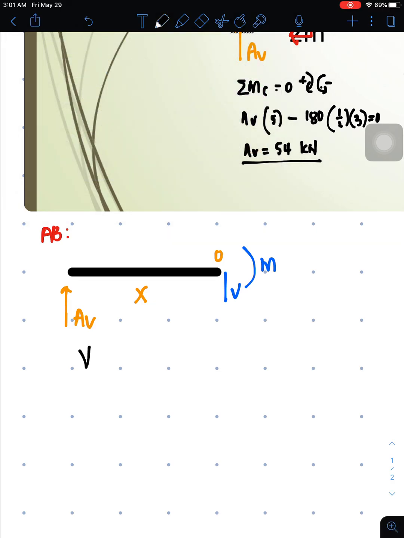For the shear equation, V is equal to the summation of forces vertical, upward positive, downward negative. So in this case, V is equal to positive AV, and V is positive 54.